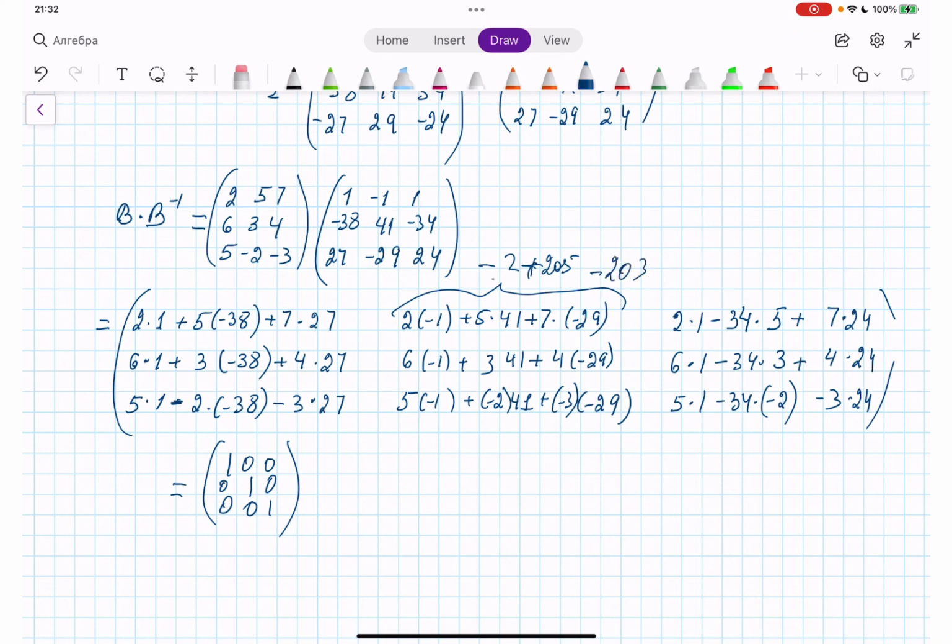So 205 and negative 2, it's going to be 203, with negative 203, we get 0. You can do the math portion and check yourself. And since we are getting the identity matrix, the inverse is correct.